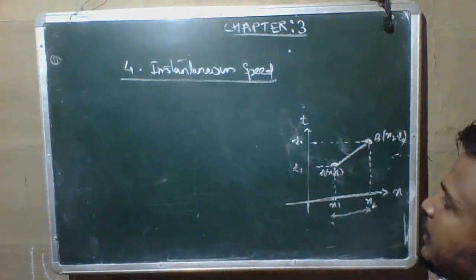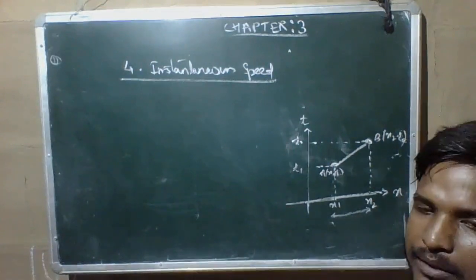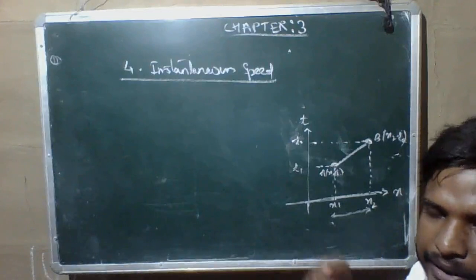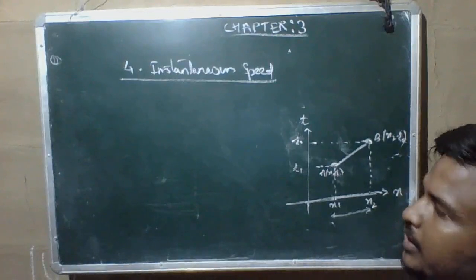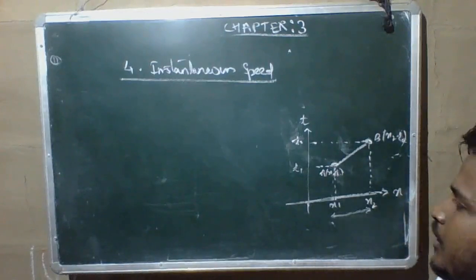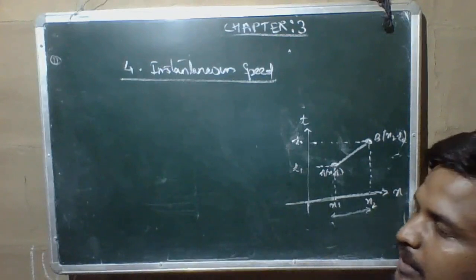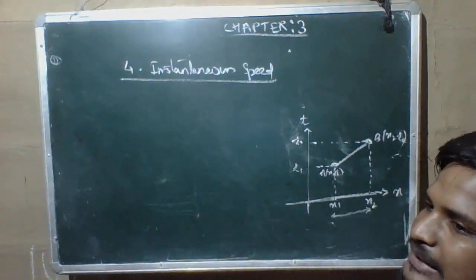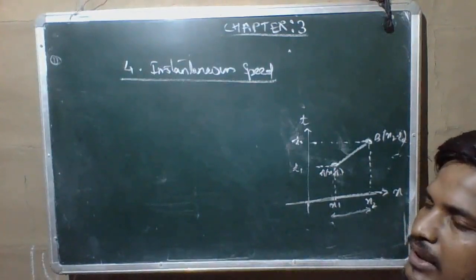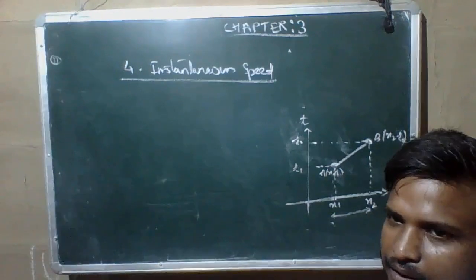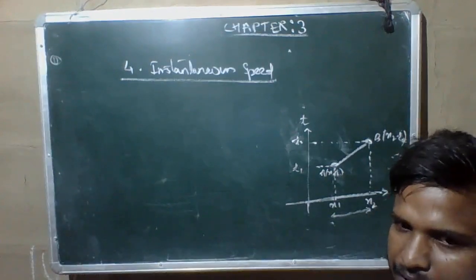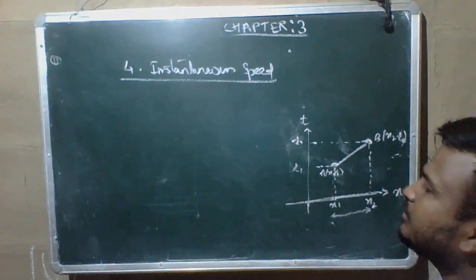So instantaneous means what? When we say instantaneous, that means at a particular point we want to find the speed. So at one point, how much distance is changing in the given time interval is nothing but the instantaneous speed.